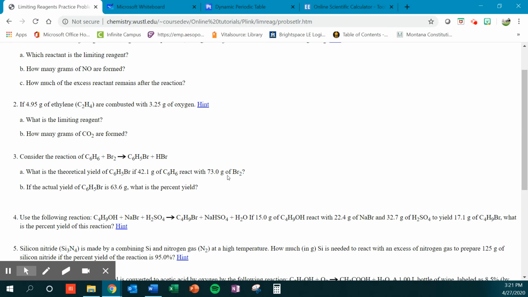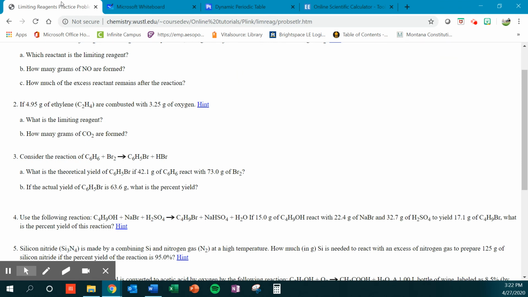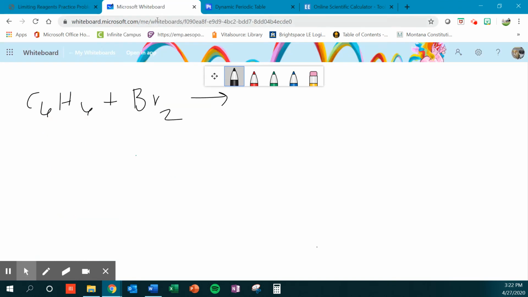So the first thing you have to do to find the theoretical yield is to find the limiting reactant, okay? So we start with our balanced chemical equation. We have C6H6 plus Br2 yields C6H5Br plus HBr.